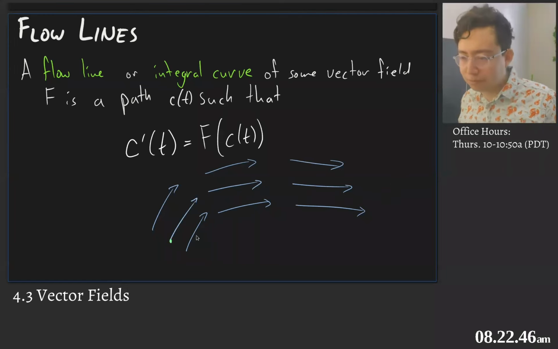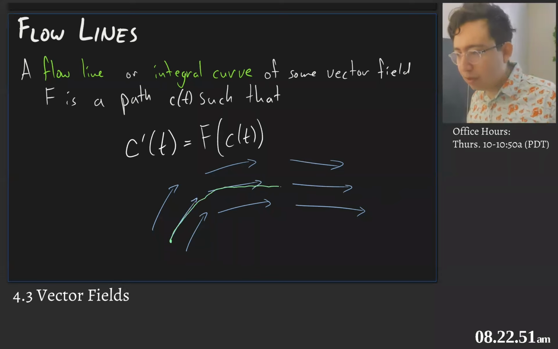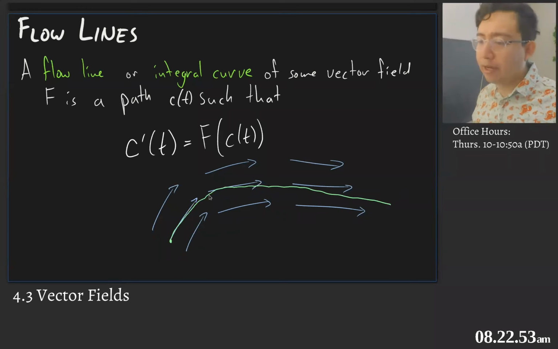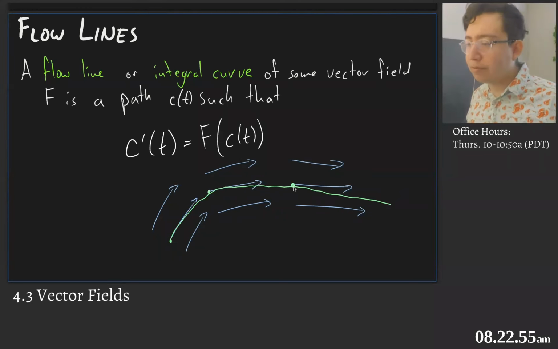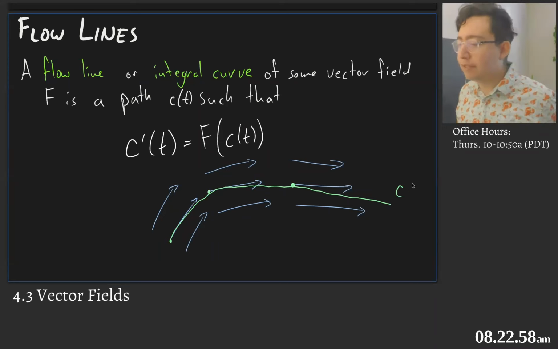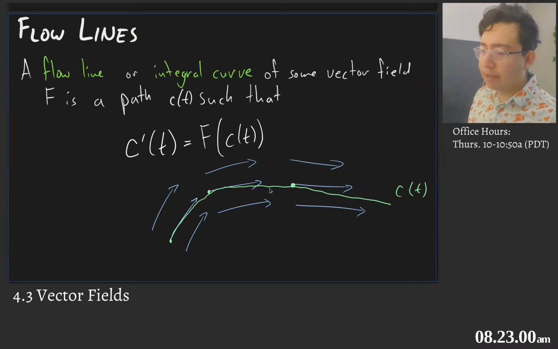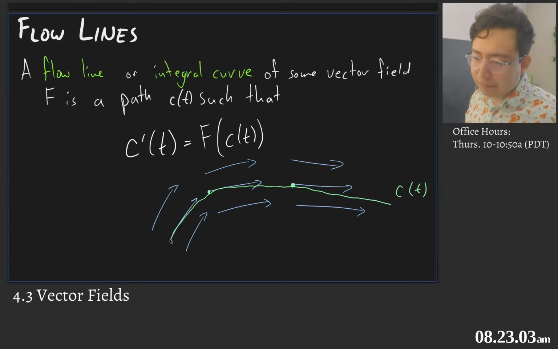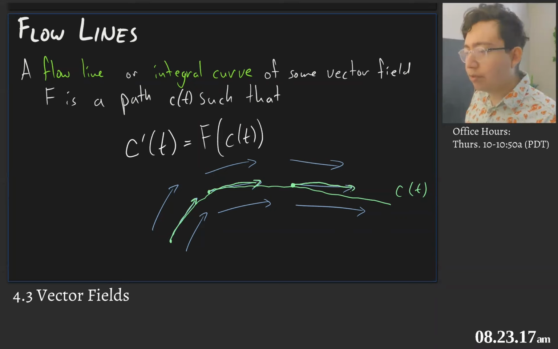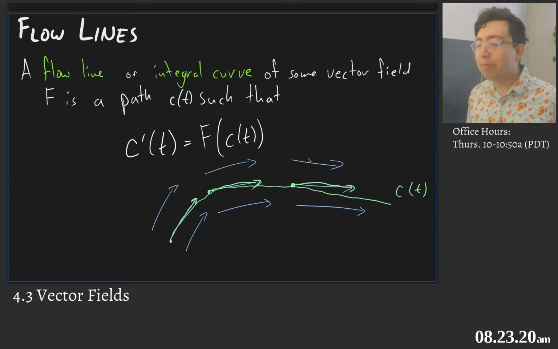Let me try that again, make it a little smoother. Something like that. And at these three points, this is C of T. And the derivative of these points just lines up with that. The derivative at this point is exactly the same as the vector field here.